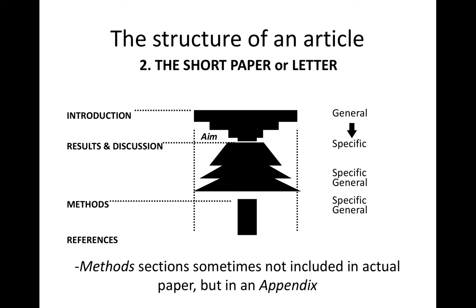Also, sometimes the results and discussion sections are actually mixed. And the main reason why these types of papers are written is that they are shorter and therefore quicker to read. So they're more accessible. It's quicker and faster to understand the message that the researchers or authors want to convey.